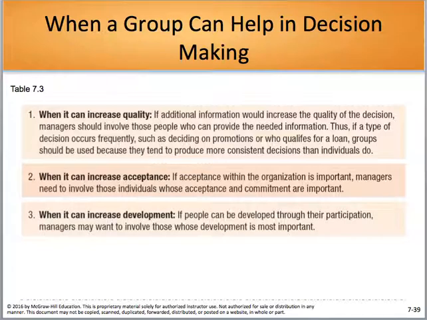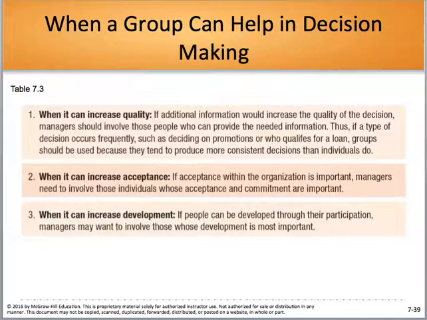And if it occurs frequently enough, then it helps you to make decisions on promotions and who qualifies for certain things. And then groups could be used to help produce more consistent decisions than individuals do, because sometimes individuals can have a lot of analysis paralysis because they don't have anyone challenging their thought process.